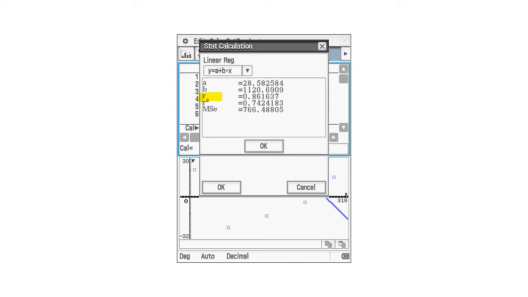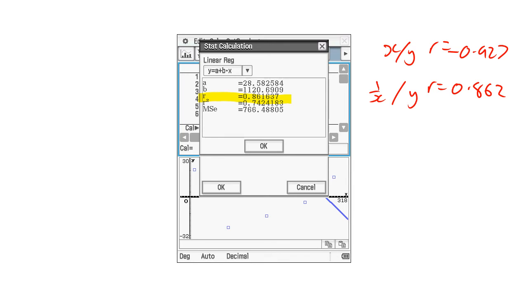All right, now we've got to compare our R. Now remember what we said, so when we had the xy, R was minus 0.927, things to write down. But now we've got 1 on x versus y, and our R equals 0.862.